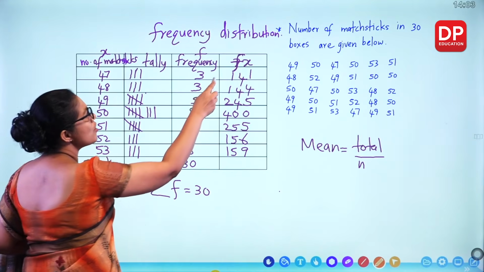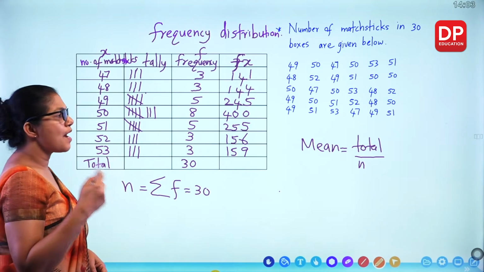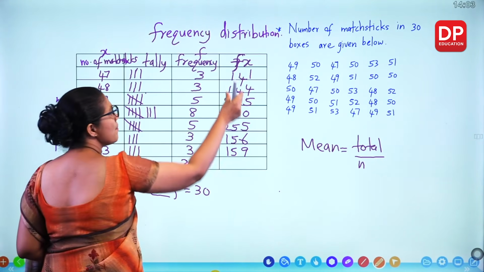So when you add all together, you can get the total fx number.